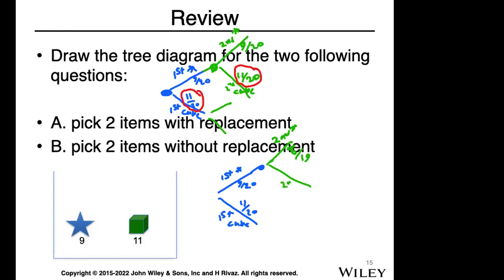So second cube, and this probability is going to be 11 divided by 19, right? So we see that these numbers actually change now. So this is 11 divided by 19, and this was 11 divided by 20, right? Any questions?